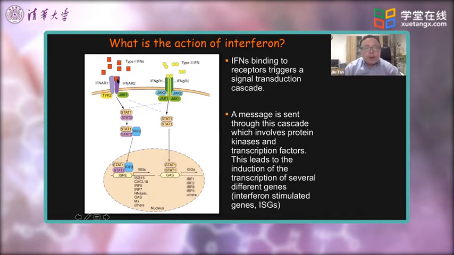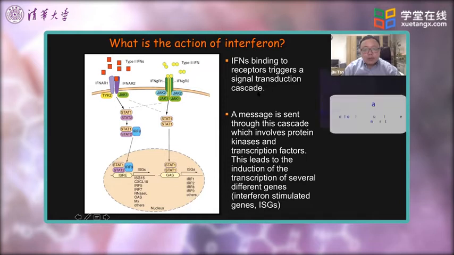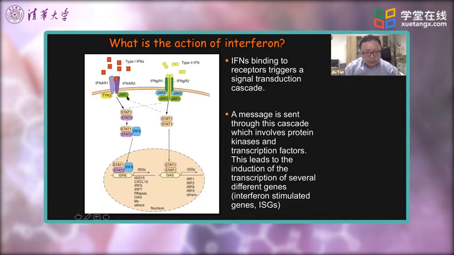When the interferon binds to its specific receptors, and type 1 and type 2 have different receptors, this binding triggers a so-called signal transduction cascade, meaning that a number of molecular events happen downstream, characterized mainly by protein phosphorylation events.